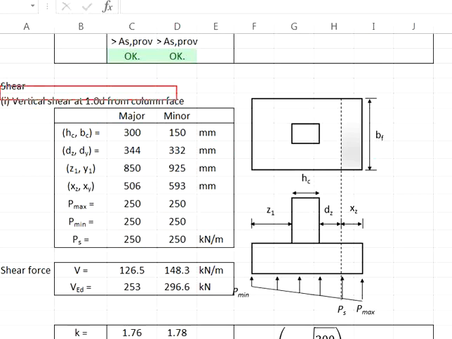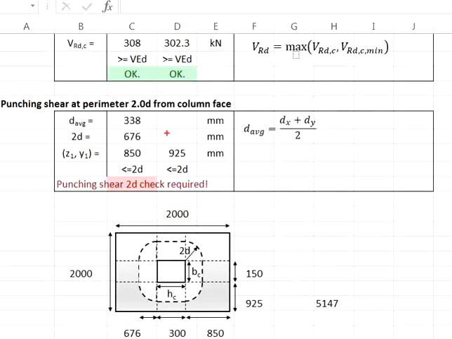First, it will be the vertical shear at 1D from the column surface. It means that we are checking this shear plane, which is 1D from the surface of the column. Second, we will check the punching shear at 2D from the column face. That means we are checking this shear plane at the distance of 2 times the effective depth from the column face.